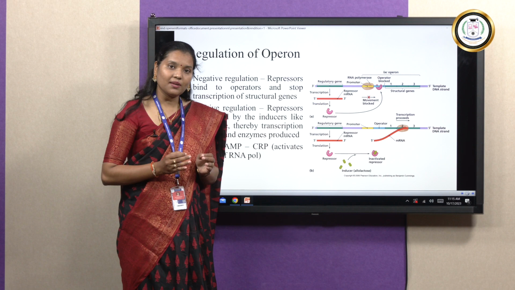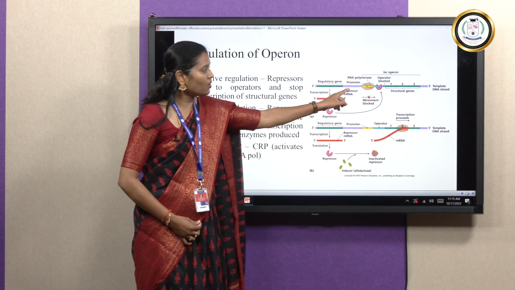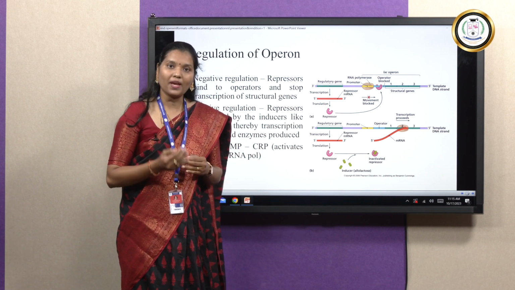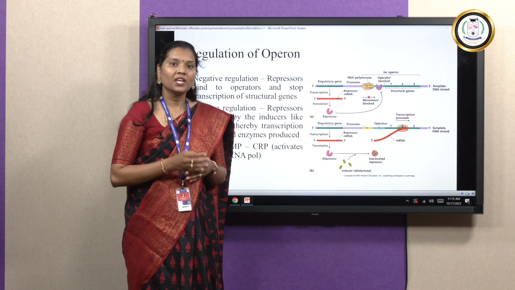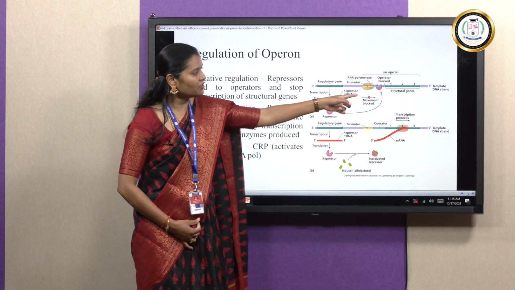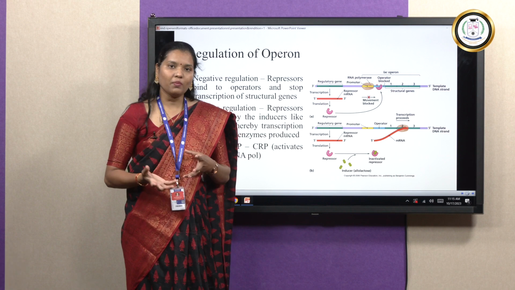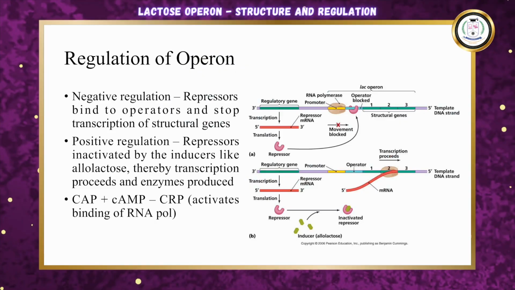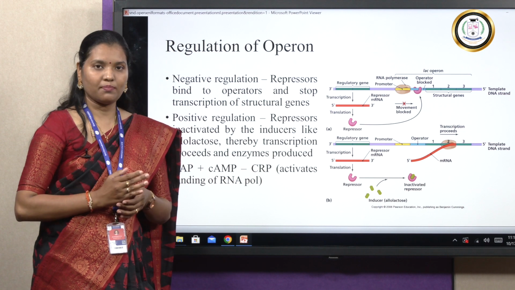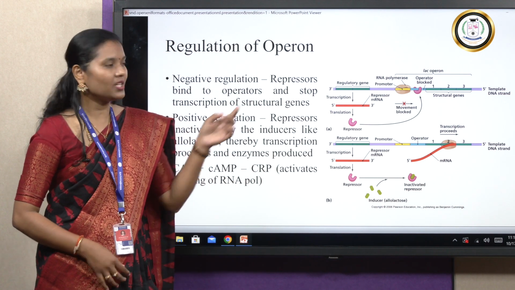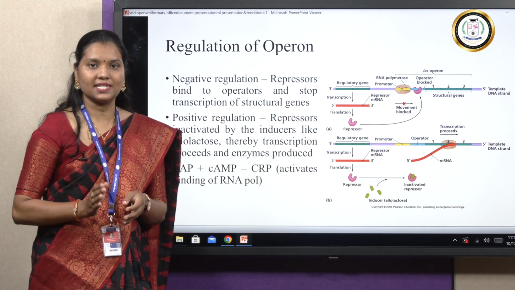Thereby, the RNA polymerase bound to the promoter region is blocked. It will not transcribe the three structural genes and there won't be any enzyme formation. This is negative regulation, where the repressor protein finds the operator, binds to it and blocks the RNA polymerase from transcribing those three structural genes.